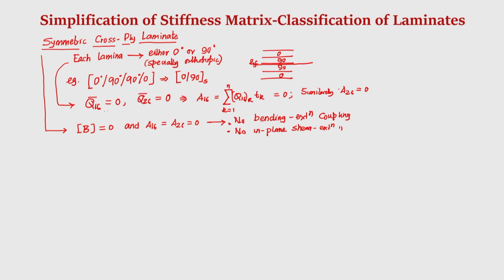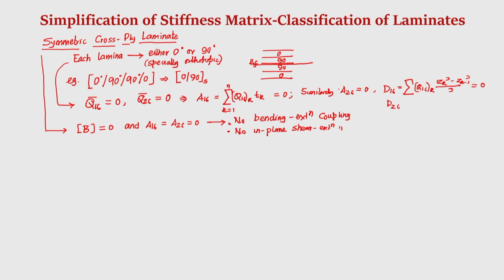Also, because Q16, Q26 are 0, going by the definition of D16, which is the sum of Q16k into (Zk cube minus Zk minus 1 cube) by 3, because Q16 is 0, this is also equal to 0.